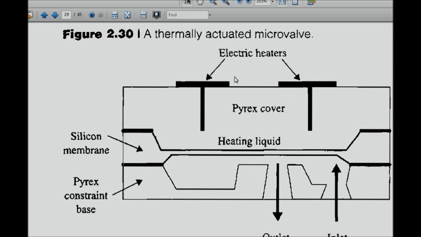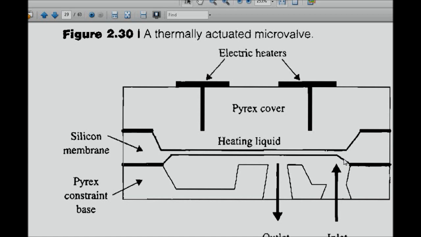Now what happens is, when you heat these rings, which are immersed in the heating liquid, the whole part comes down. When it comes down, it applies pressure on this membrane, and the whole thing applies pressure on this diaphragm that you see here.